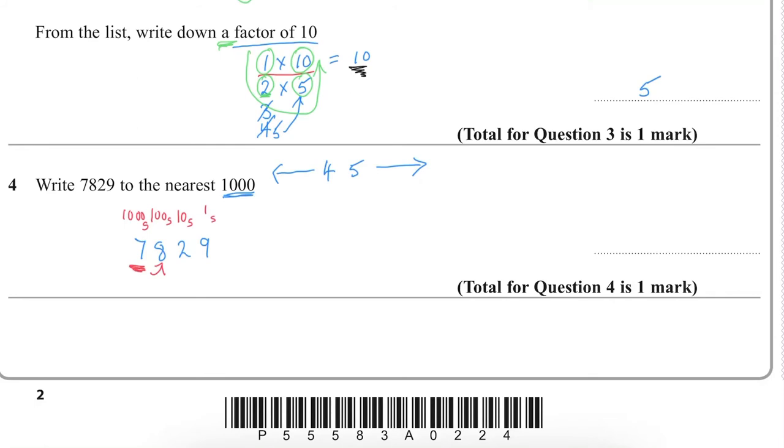So is the number next to it 4 or below? No, it's above 5. So we're going to go up. So to the nearest thousand, this is going to be not 7 something, but 8,000. And put that in the right place here. 8,000.